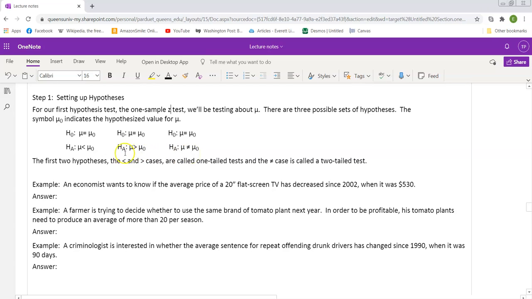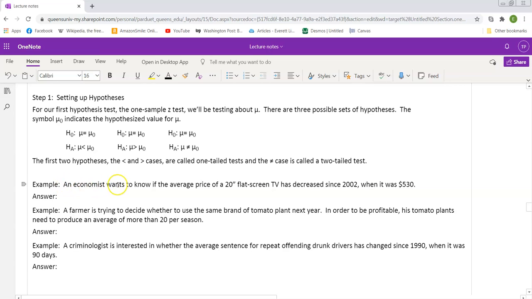All right? And the less than is sometimes called a lower-tailed test, and the greater than one is sometimes called an upper-tailed test. So that's just some terminology. So let's get some practice setting up these hypotheses.